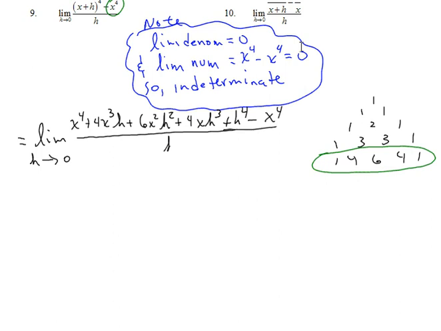The denominator is h. Now, looking in the numerator, I notice that the x to the fourths cancel out. And I'm left with 4 terms in the numerator, and all of them contain a factor of h. So I'll factor out the h.